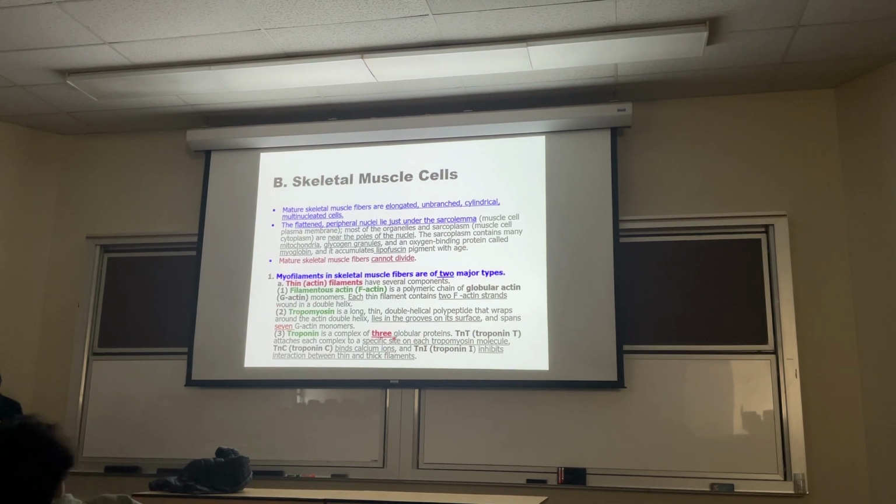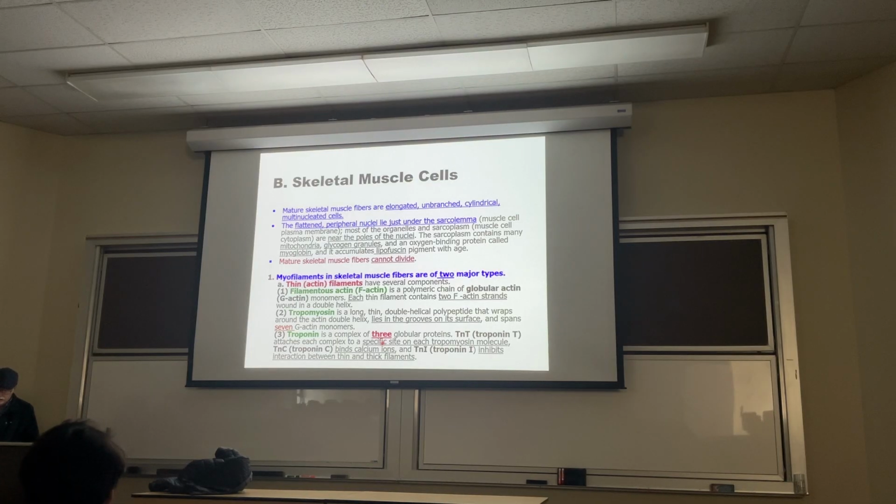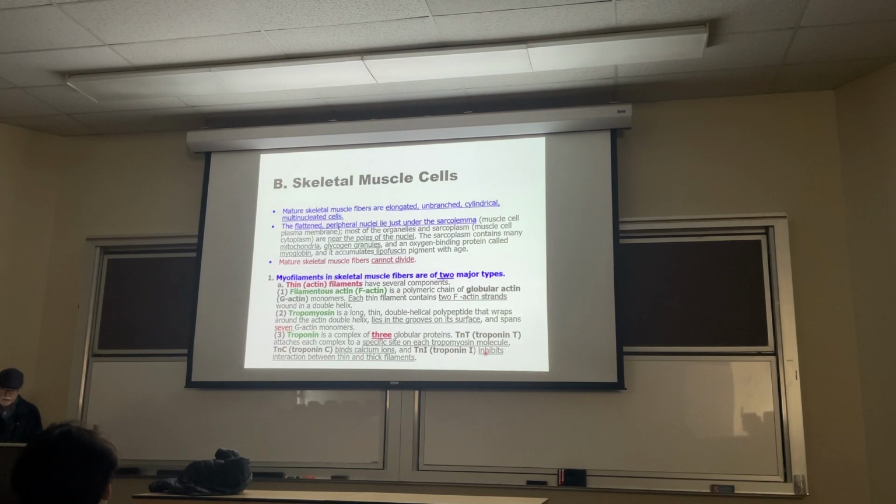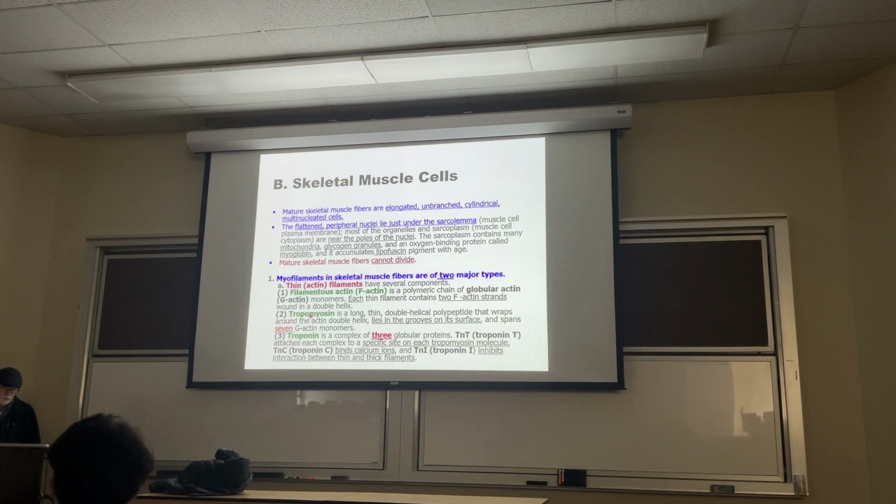There are three subunits of troponin. Troponin T attaches to the tropomyosin, troponin C is what calcium binds to, and troponin I inhibits the interaction between the thick and thin filaments, the myosin and the actin. So these two, tropomyosin and troponin, are regulatory proteins.